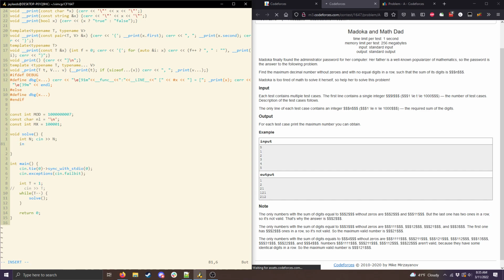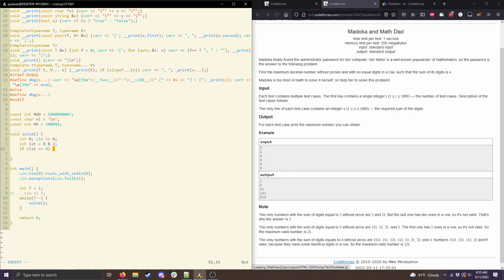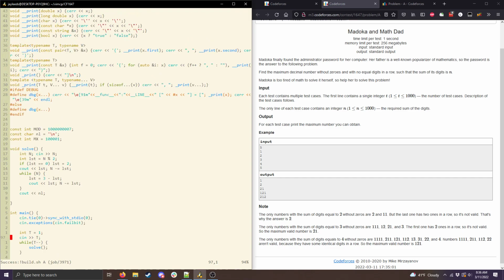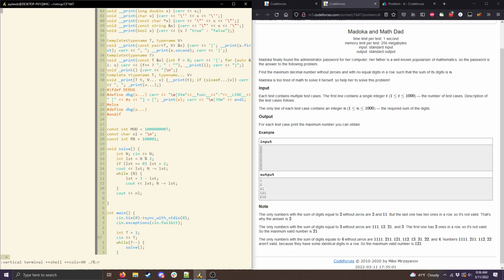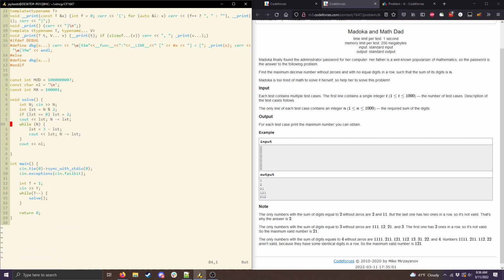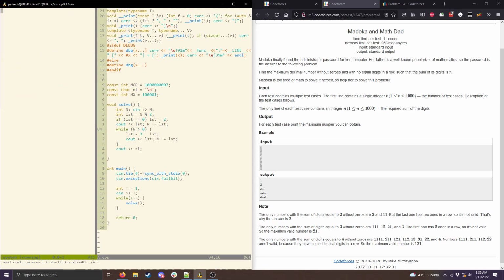Let's see, so why am I printing new ones after each of these? Oh, that's not good. And this is good.